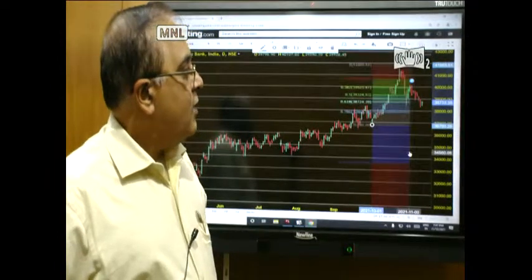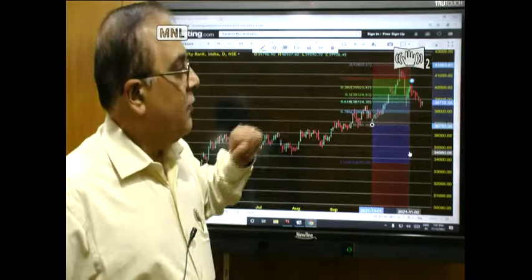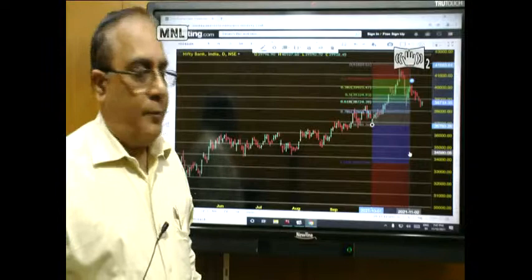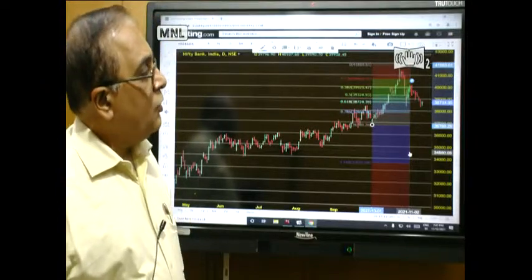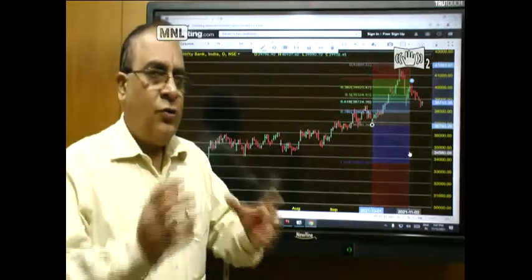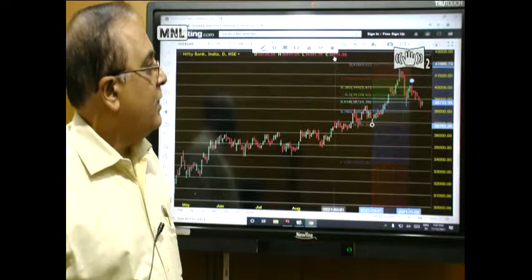And that day it went slightly above, but the close was 39,935 or so. So very closer to the 38.2% only, it has stopped. So right now it needs a close which is above this 39,935, 940 levels for it to start the uptrend. So that is a very clear visibility right now as far as Bank Nifty is concerned.